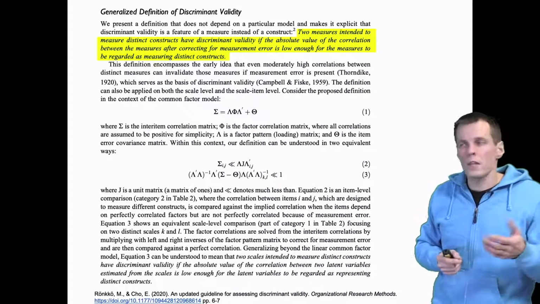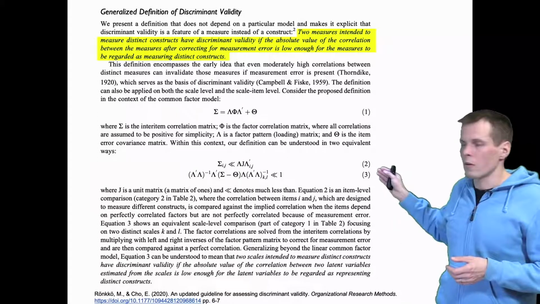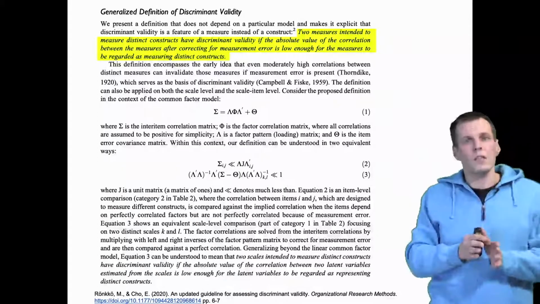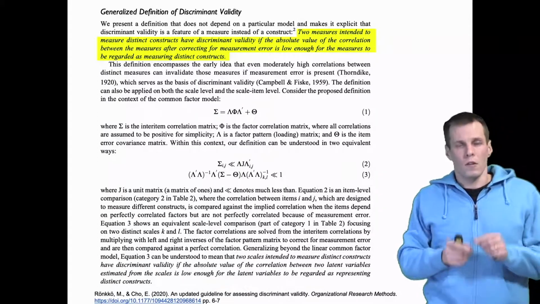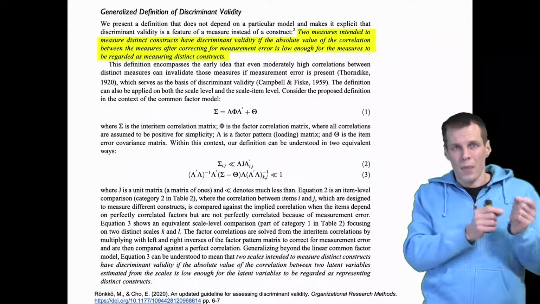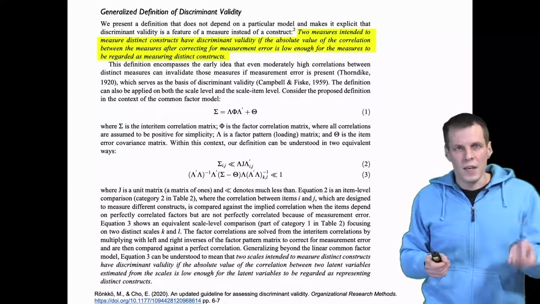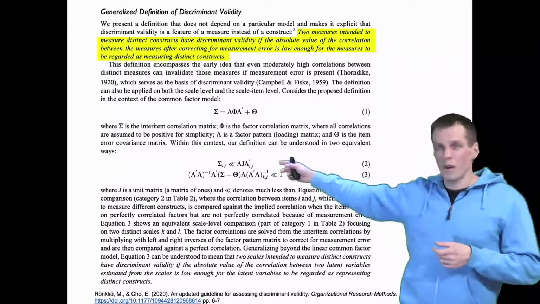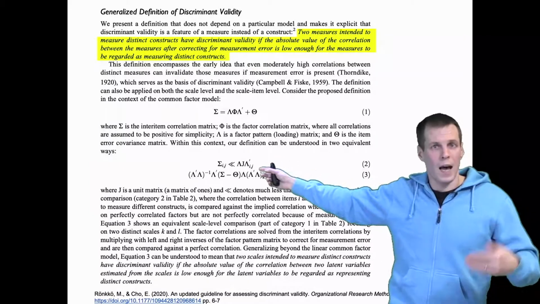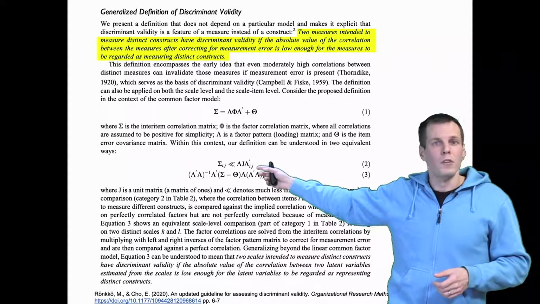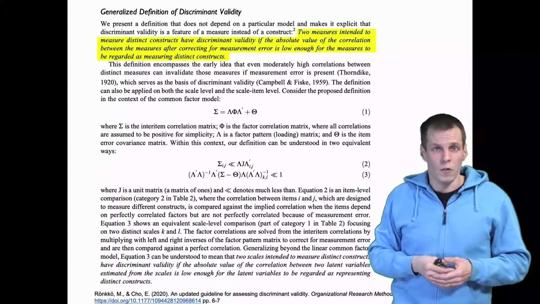We can first define discriminant validity according to equation 2, in which case we compare the correlation between each item pair that is supposed to measure two different constructs, and we check that the correlation is low enough, after considering measurement error, for those two items to be considered distinct.